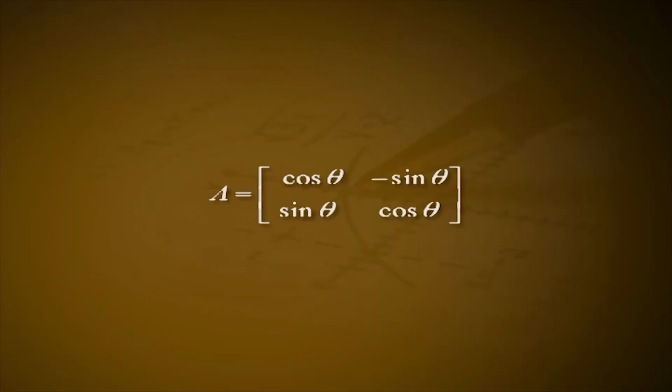Example 4: show that the matrix A given by matrix cos theta, minus sin theta, sin theta, cos theta is orthogonal and hence determine its inverse.